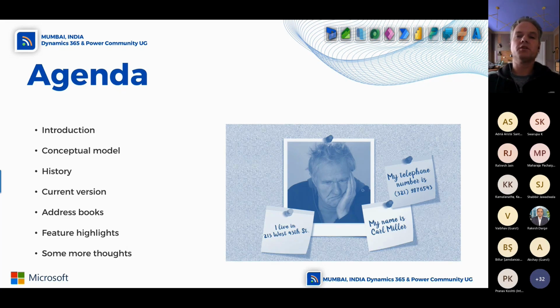So talk about the current version as well. I will talk about a feature related to the global address book, which is called address books. I will explain that one as well. A bit of showing some of the feature highlights, what's more in the application, and share some more thoughts at the end of the presentation.